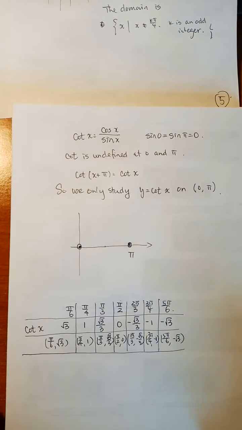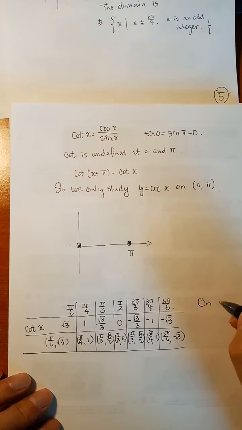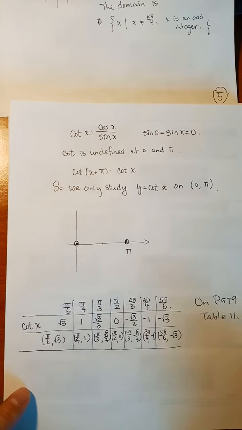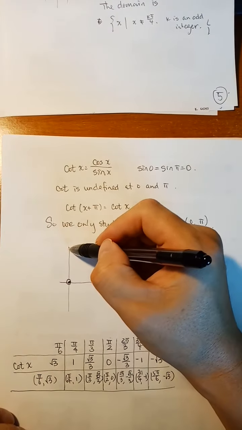So this is just the table. This table is on page 579, table 11. So if you don't copy it, you can just check this table in the textbook.